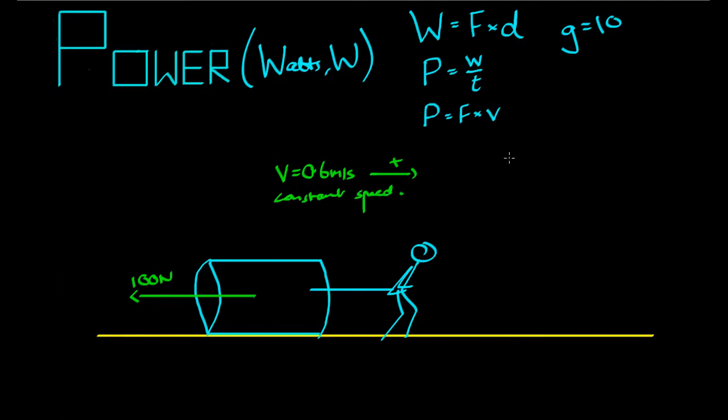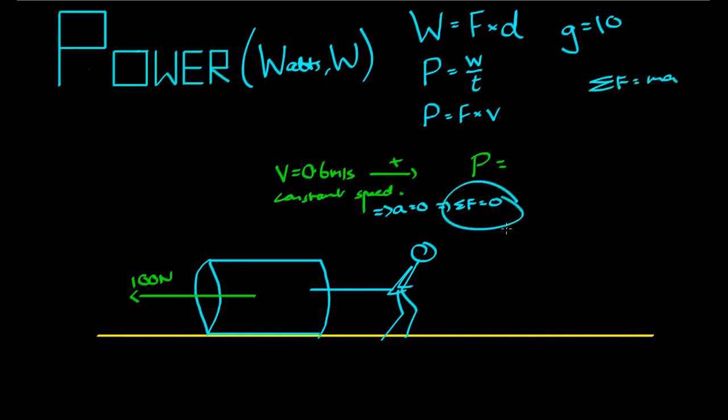From just this information, we should be able to work out the power of the man on the barrel. If he is moving at 0.6 meters per second constant speed, that implies that the acceleration is equal to 0, which implies that the sum of forces is also equal to 0, because the net force is equal to the mass times acceleration.